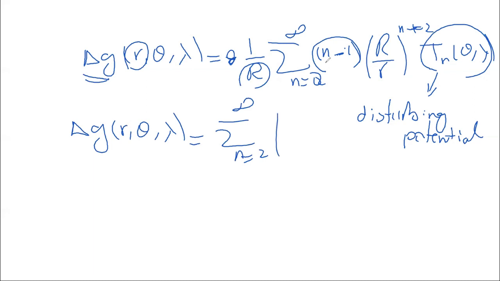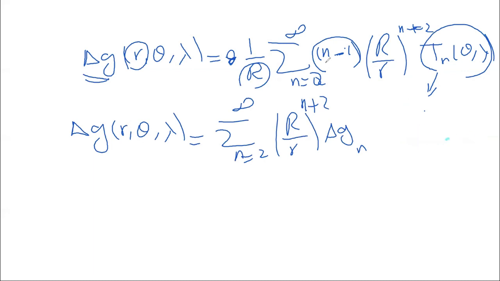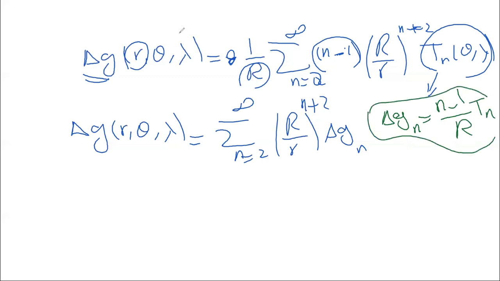And it will be R over r to the power n plus 2, delta g n. Why? Because we already know that at the surface of the sphere, the Laplace harmonics of the gravity anomaly has this relation with the disturbing potential.